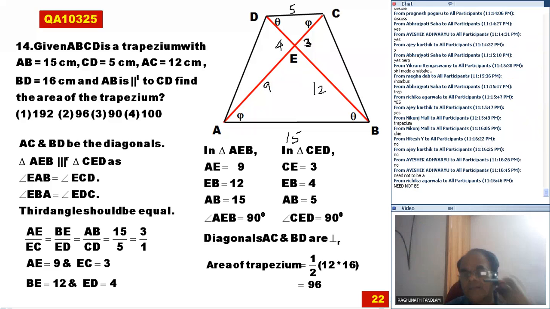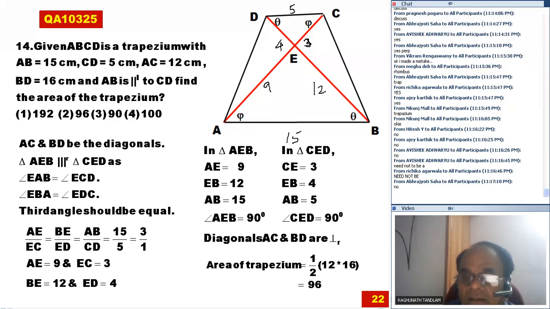Whenever diagonals are perpendicular in a quadrilateral, the area will be half of D1 D2. It need not be a rhombus. Here, definitely it's not a rhombus. We know it's a trapezium. Sides are not equal.